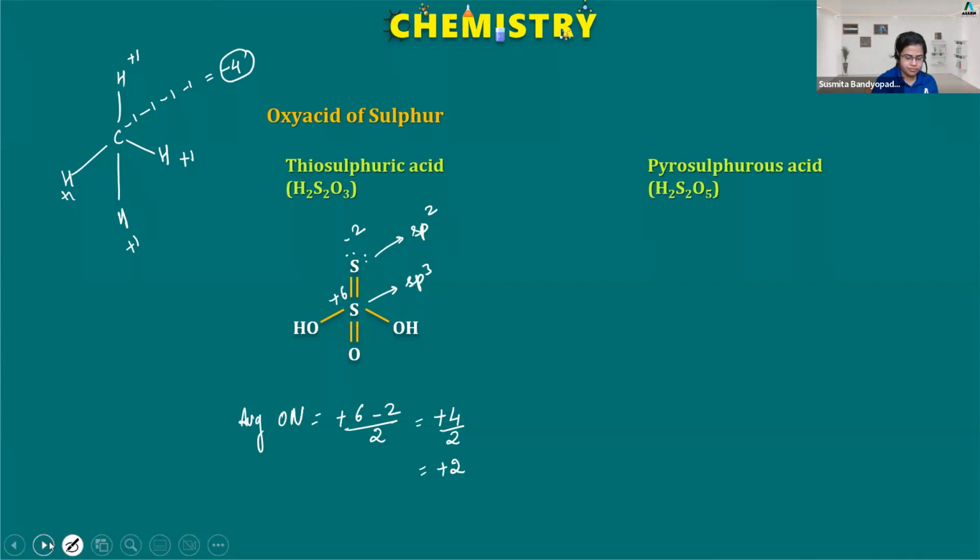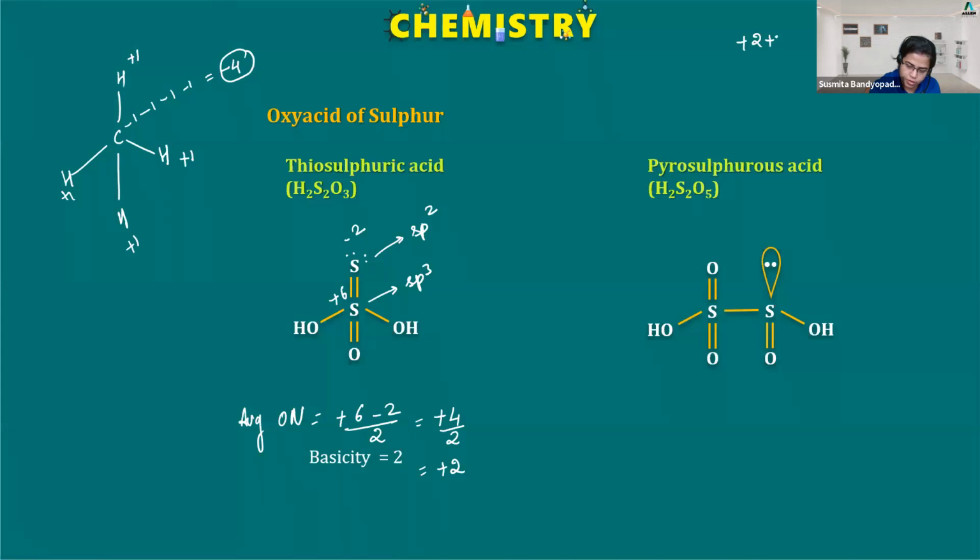H2S2O5. Basicity 2. Comment on the average oxidation number. Here you can comment on the overall oxidation number. It is +4.